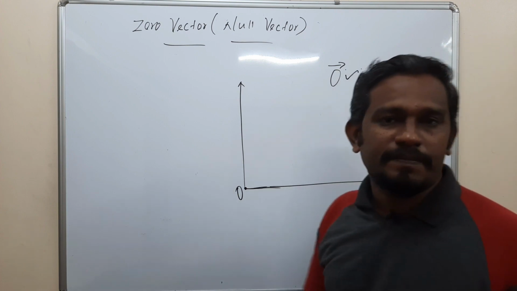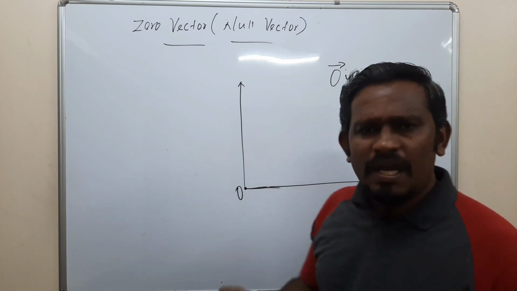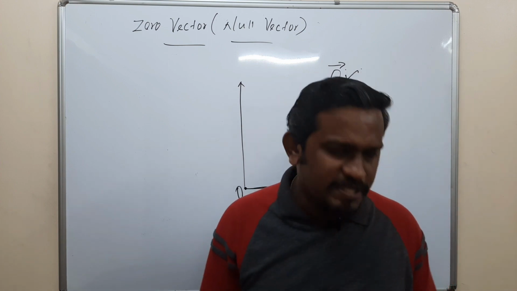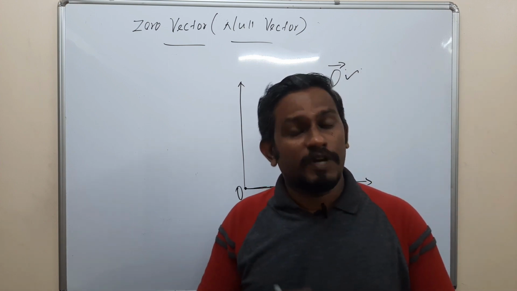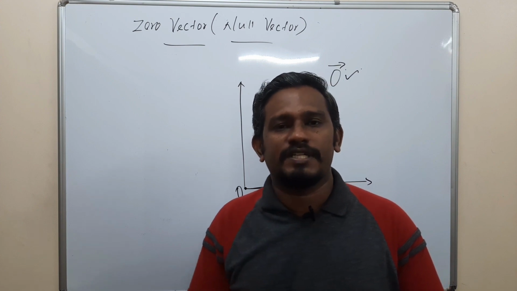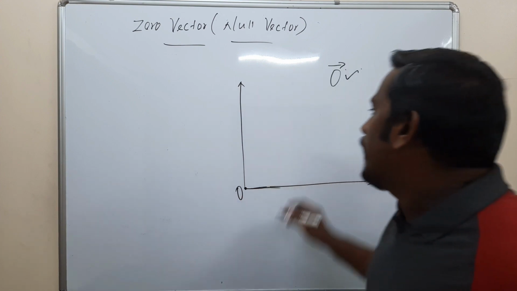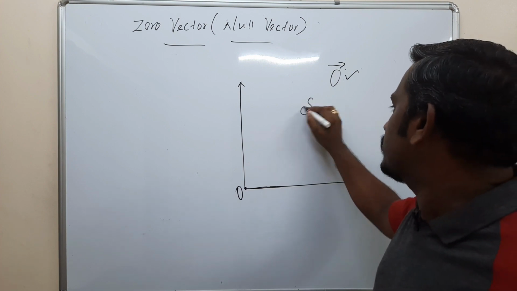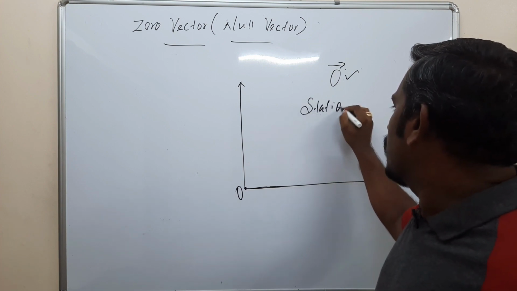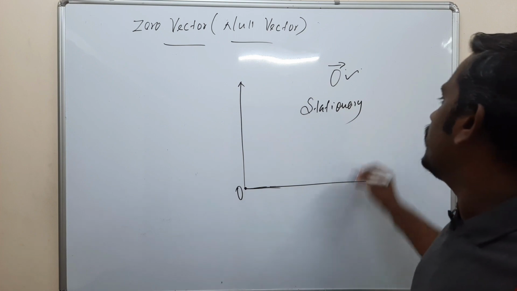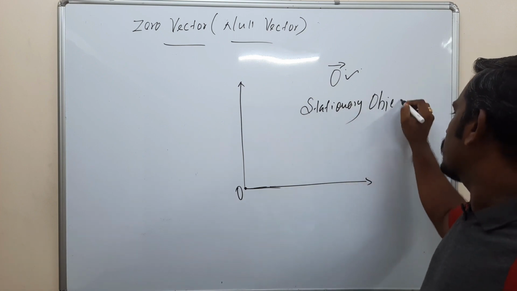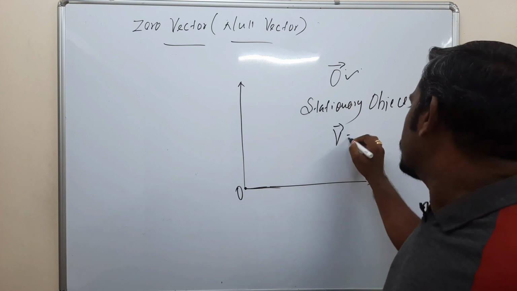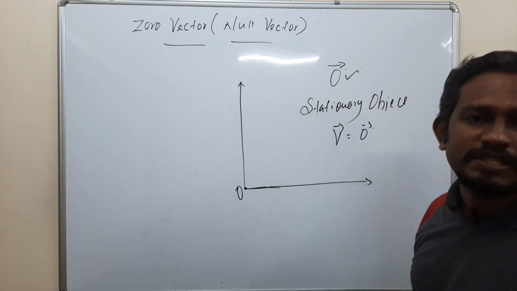Then an object is stationary. What about the velocity? Velocity is zero. So what about the velocity vector? That is a zero vector. So we can say that the velocity vector of a stationary object, v vector, is equal to zero vector.